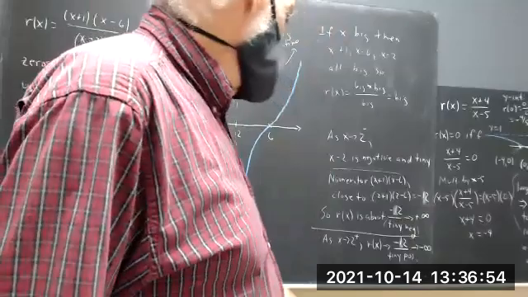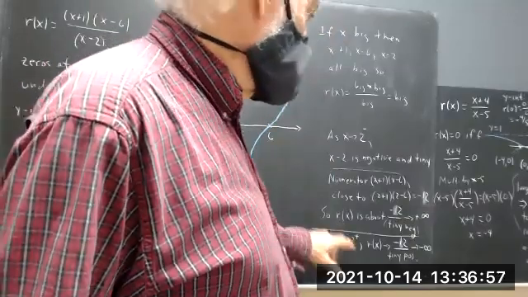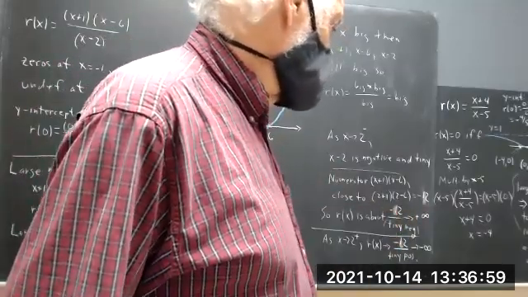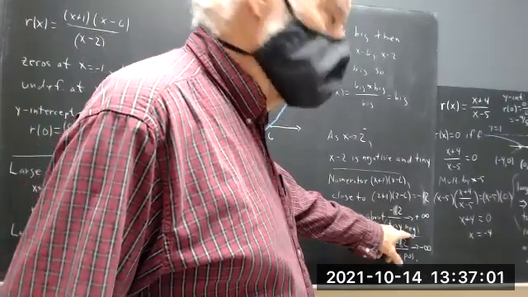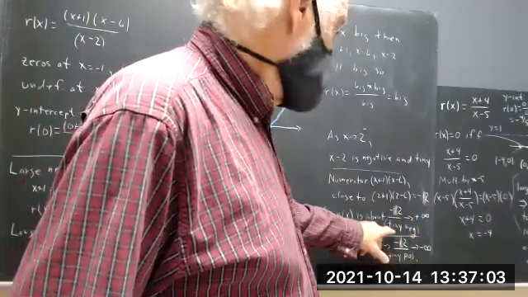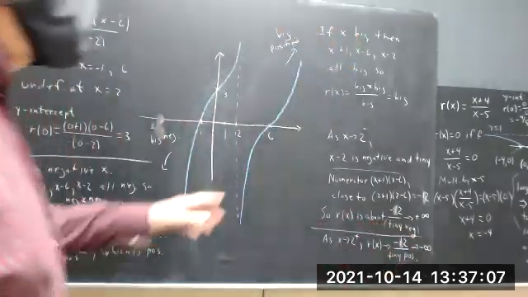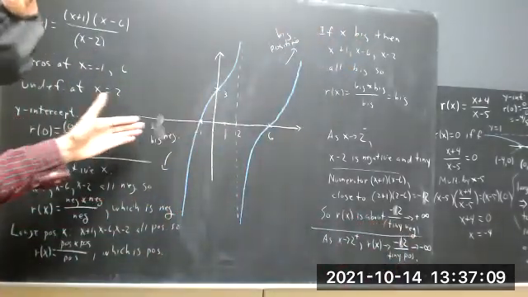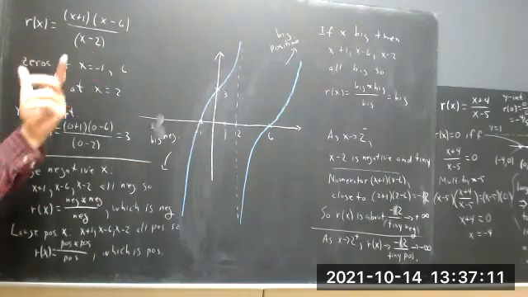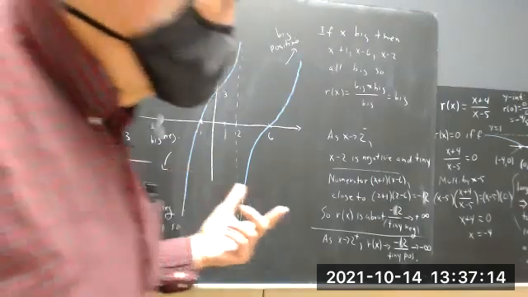In that case, your r of x is going to be pretty close to negative 12 in the numerator. In the denominator, it gets tinier and tinier. And also, the denominator is negative, because if x is less than 2, on this side of 2, x minus 2 is going to be negative.